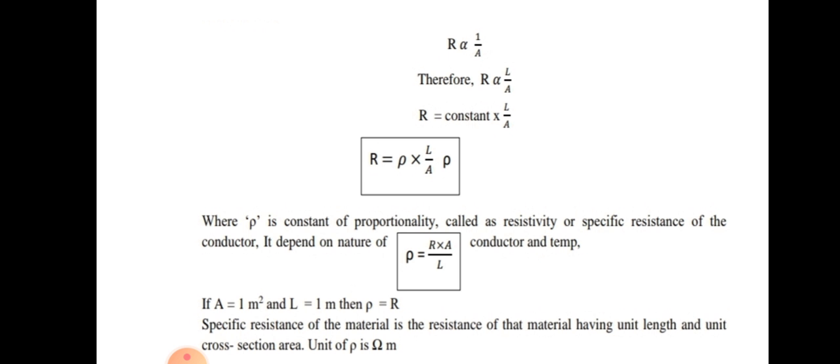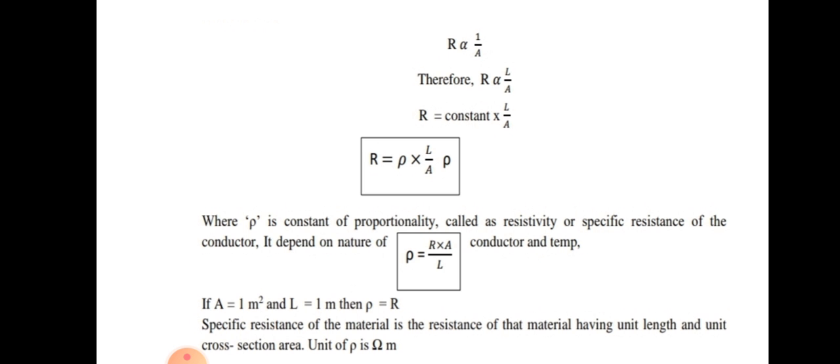It is called the resistivity or the specific resistance of the conductor, and it depends on the nature of the conductor and the temperature. This resistivity and specific resistance also measure the resistance of the conductor.